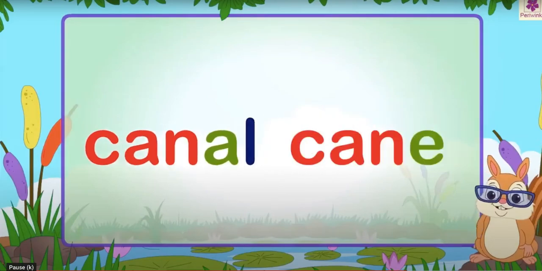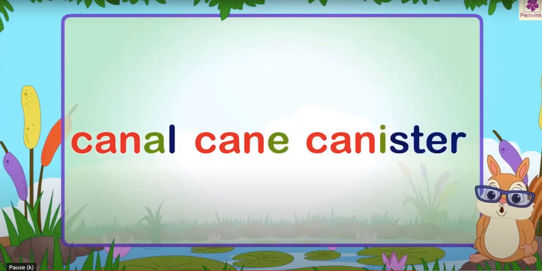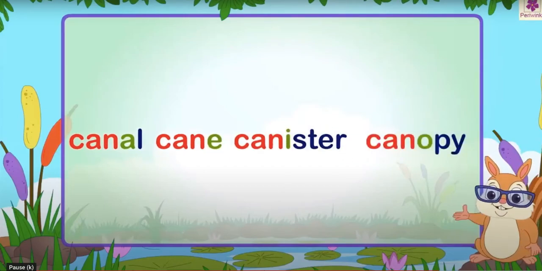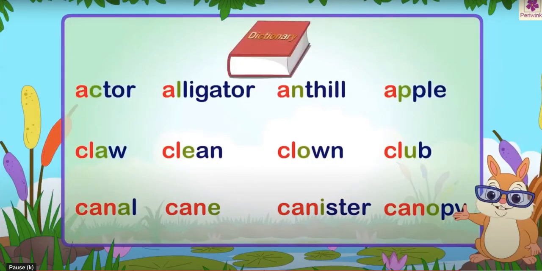Now we're looking at the fourth Key. letter. Canister, canopy. Looking up words in a dictionary is easy if you know how to arrange words alphabetically.